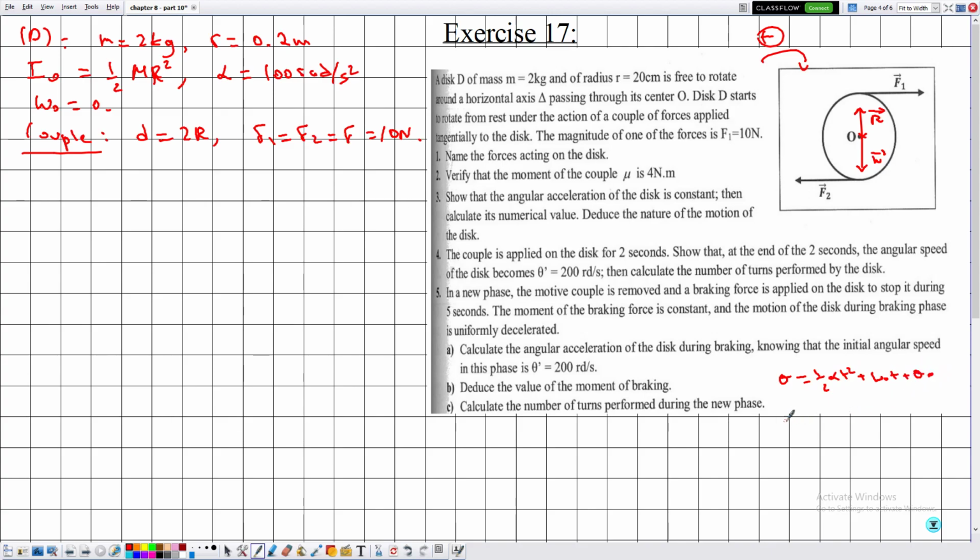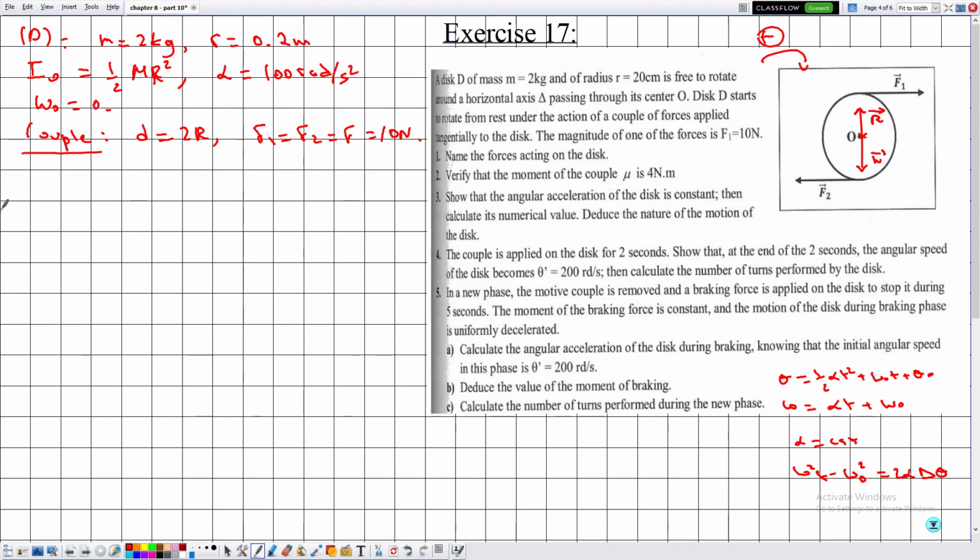What else? We have that omega is equal to alpha t plus omega 0, and alpha is equal to a constant, and omega final square minus omega initial square is equal to 2 alpha delta theta, and here delta theta is similar to the displacement that allows us to calculate the number of revolutions later.